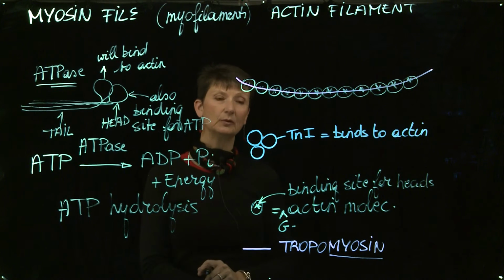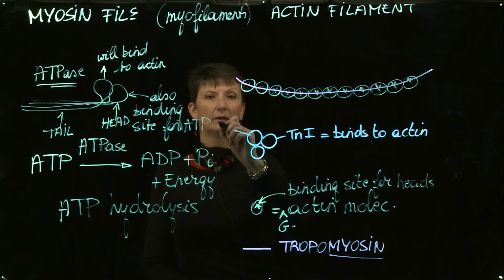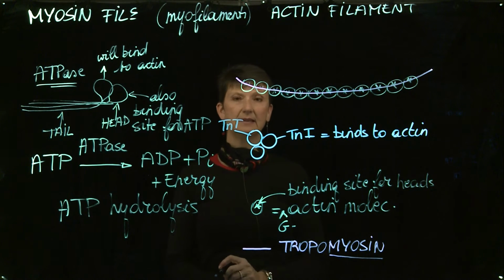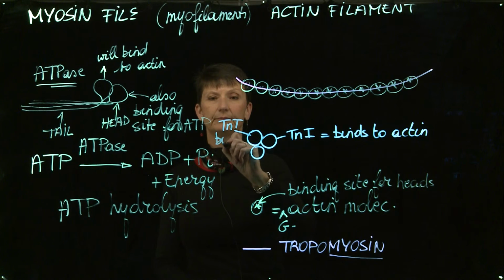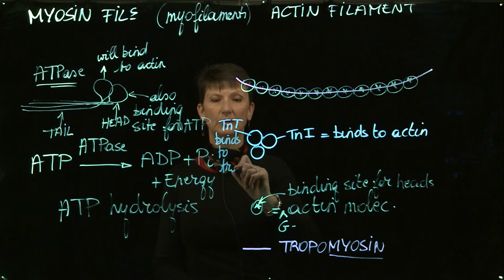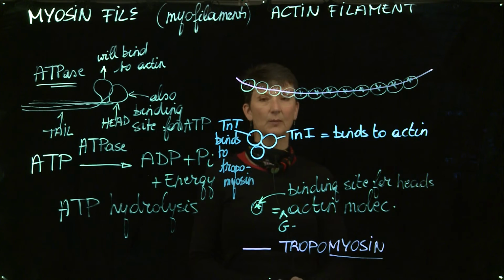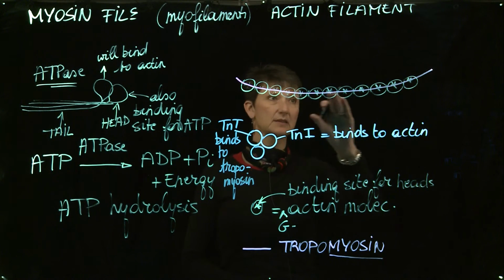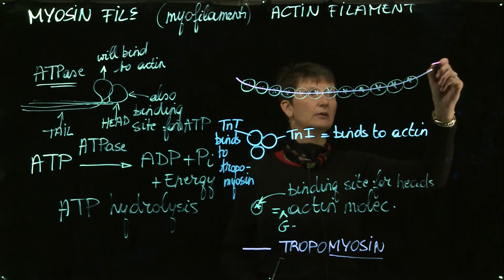There's another subunit that we call TNT. The TN stands for troponin, and the TNT binds to tropomyosin, which is that linear molecule that blocks our binding sites when a muscle cell is relaxed. This is our tropomyosin. Maybe I should also label it here.